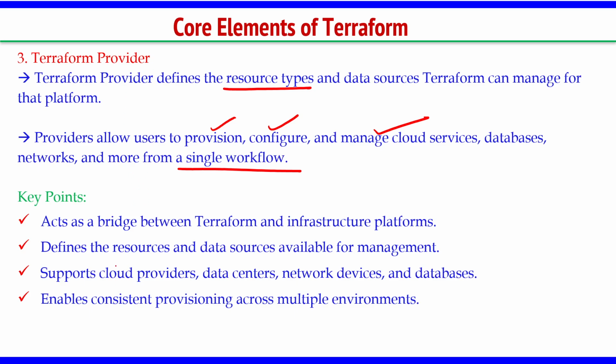What all key important aspects the provider does is it acts as a bridge between Terraform and infrastructure platforms, because this is software and I have to do that setup in some platform. So in between I will be using the Terraform provider. Again, the Terraform provider will act as a bridge or a communication mechanism between both.